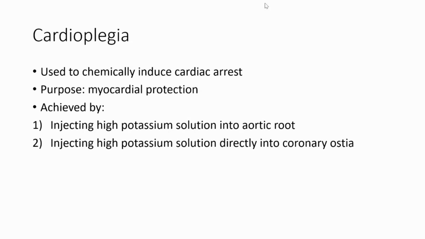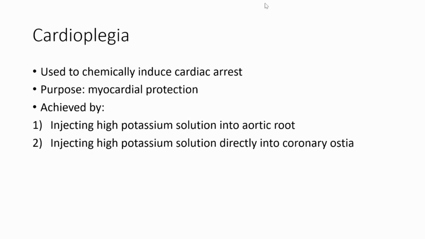So that's why we stop the heart using high potassium solution to essentially arrest its metabolic demands and allow us to operate on it. The second reason is for surgical purposes. If we're wanting to do grafts or if we're wanting to do some work on the valves, then we obviously want the heart to sit still so that we can work on it. So they're the two reasons that we give cardioplegia.